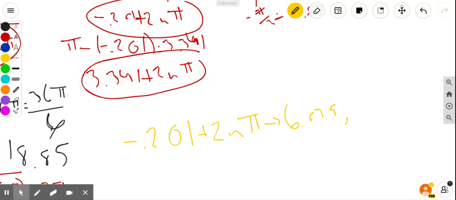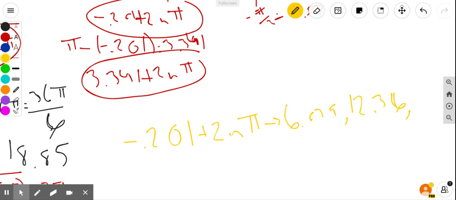Add another 2 pi, and I get 12.366. That works.